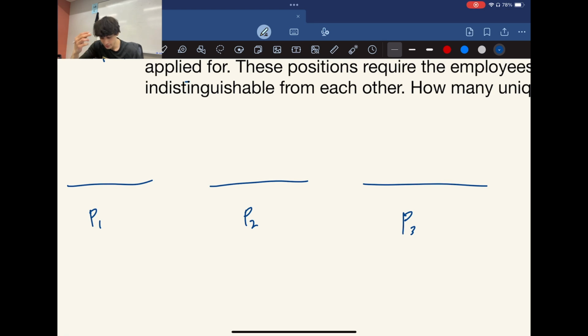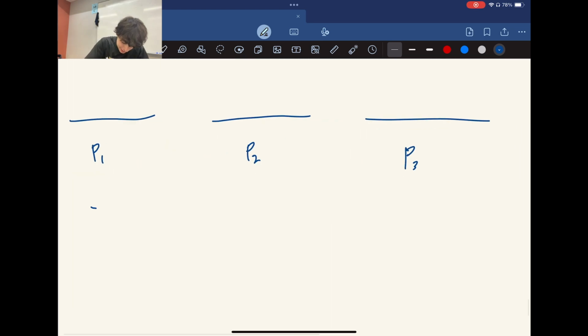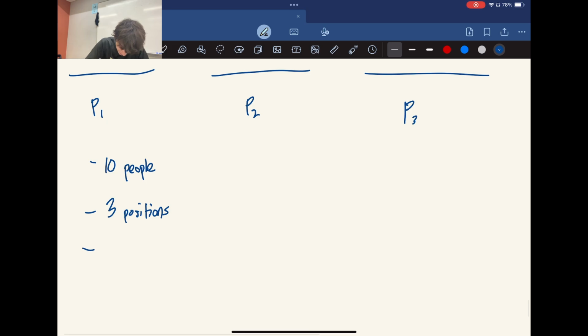Position 1 is going to be doing the same work as position 3, just as position 3 is going to be doing the same work as position 2. They're all indistinguishable from each other. I'm simply distinguishing them just to make a point. We have, yet again, 10 people that are applying for these positions. There are 3 positions, and just to say this again, the positions are indistinguishable from each other.